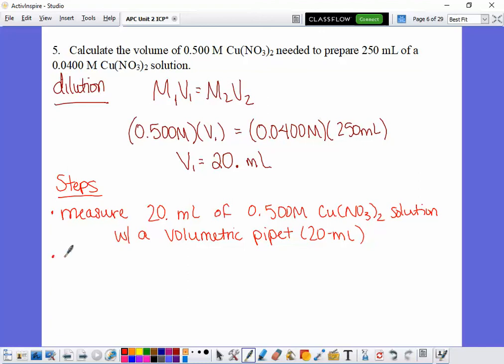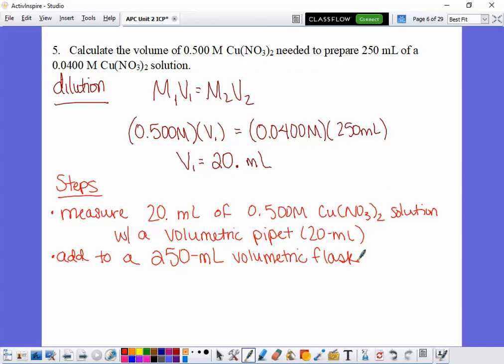And we would add this to what? What size volumetric flask are we going to use for this one? A 250 milliliter volumetric flask, because that is the amount of solution that we are making. And then what do we do?